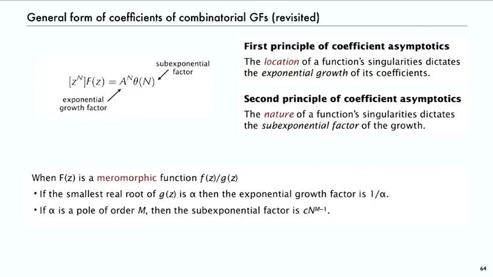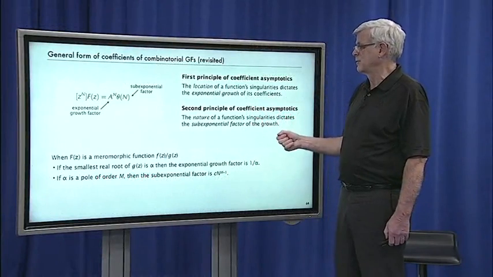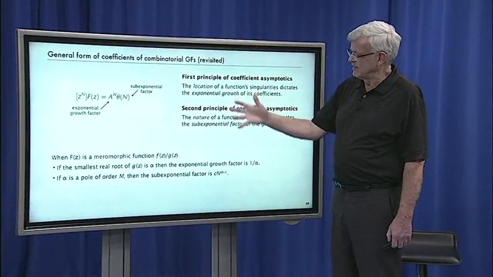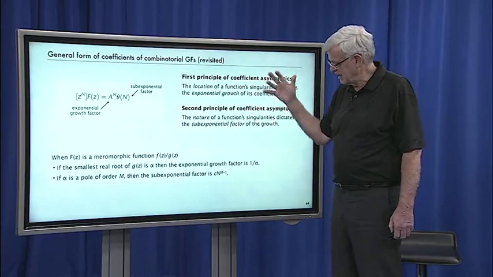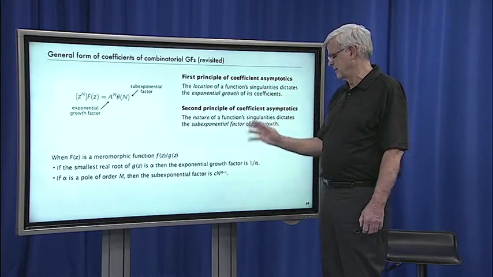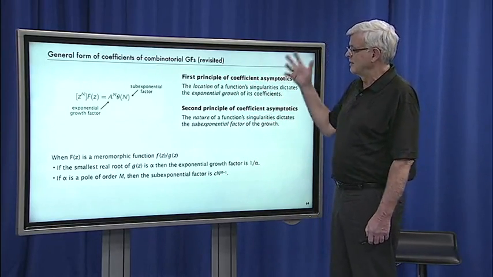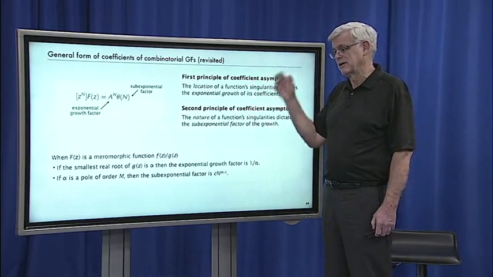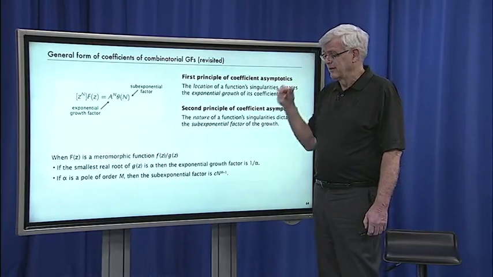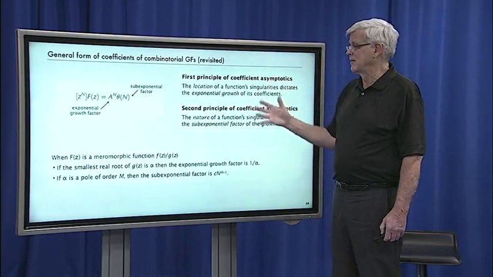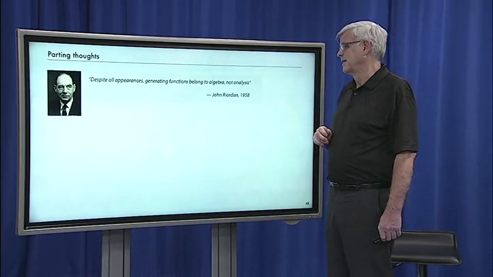It's that location of the singularity, closest singularity to the origin that gives us the exponential growth. And if it's a pole of order m, then it tells us the sub-exponential factor is a polynomial, n to the m minus 1. That's a very, very general statement, and not only that, we have the specific way to compute the constants as well that immediately gets us accurate asymptotic results. And again, next lecture you'll see many, many examples of this.